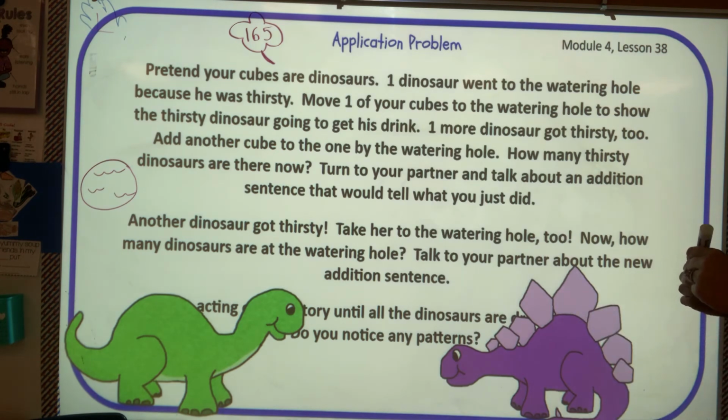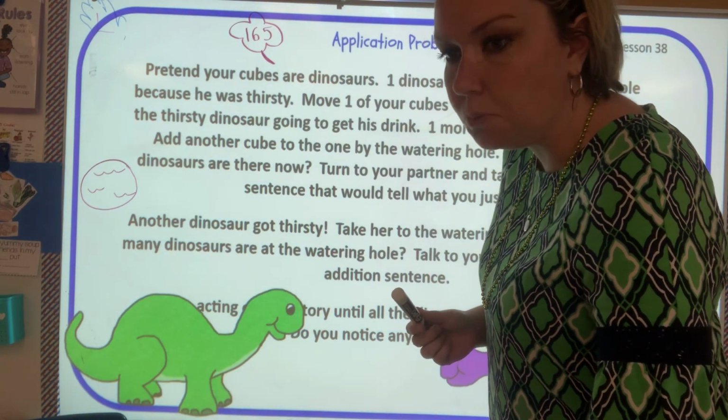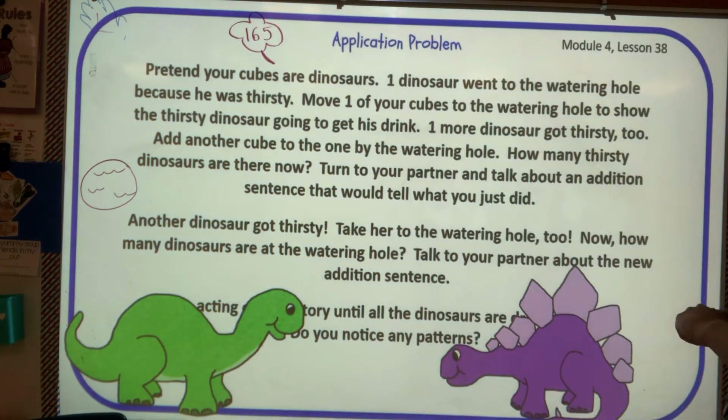Listen carefully to the story. One dinosaur went to the watering hole because he was thirsty. Move one of your cubes to the watering hole to show the dinosaur getting a drink of water.